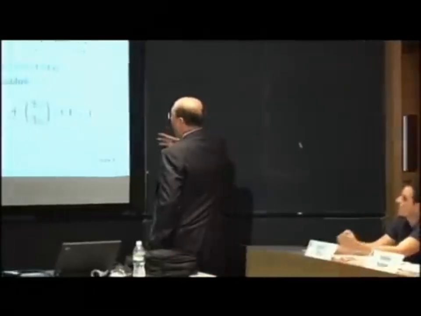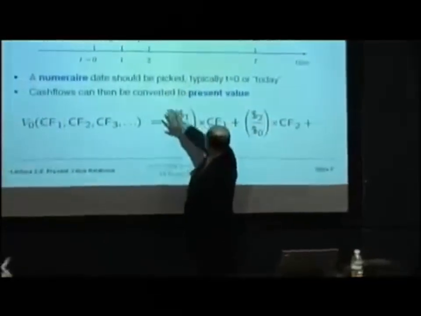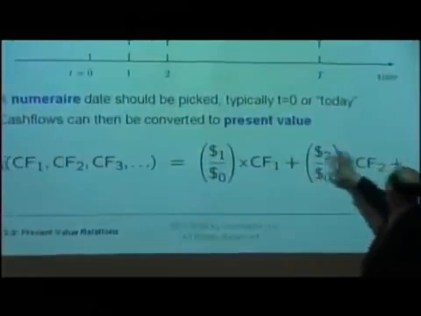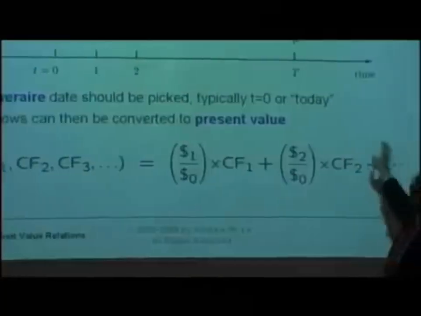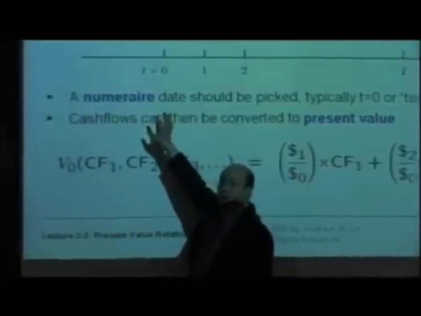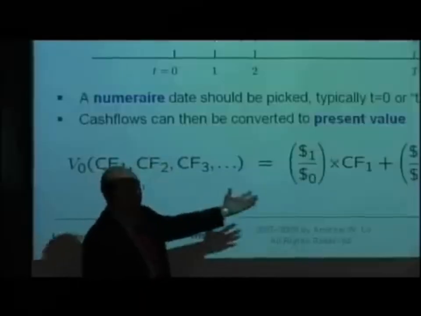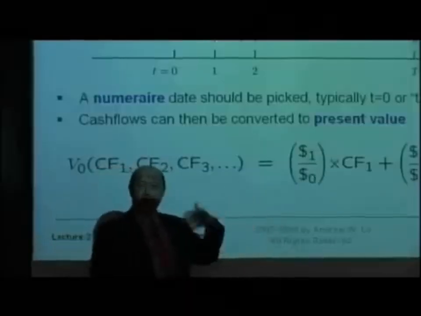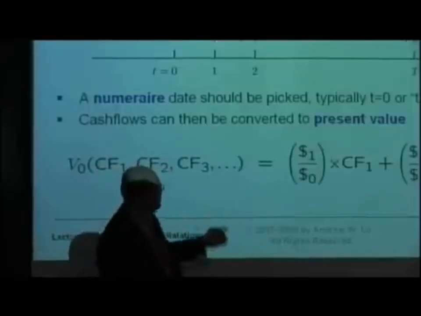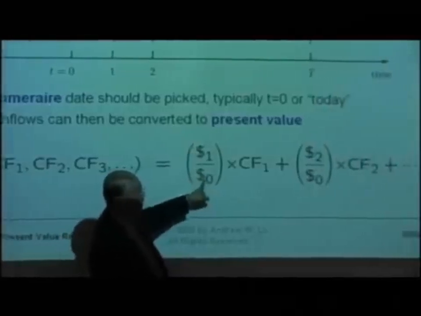So I'm going to argue that the cash flow, the sequence of cash flows, CF1, CF2, and so on, if I want to figure out what it's worth in a single currency, date 0 currency, I've got to multiply the cash flows by the appropriate exchange rate. What's the exchange rate? The exchange rate is how many dollars at date 1 per dollar at date 0.